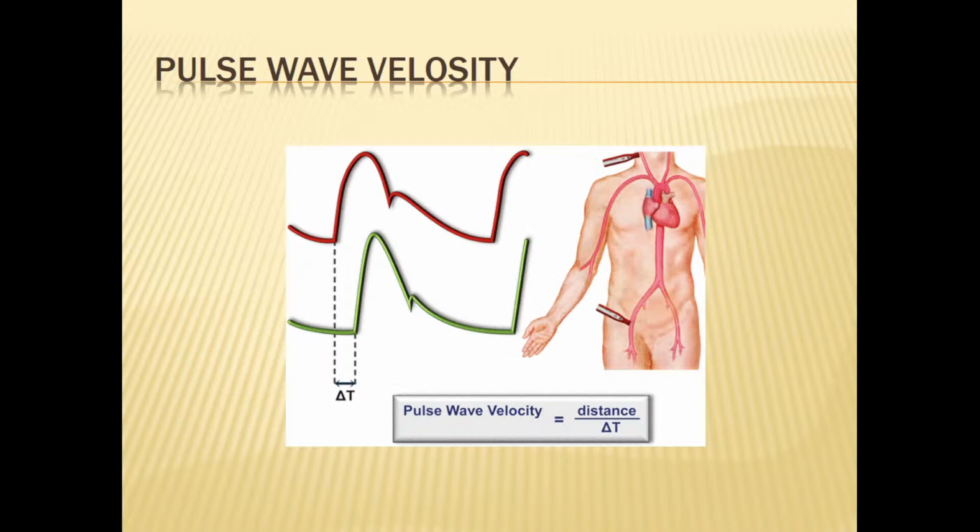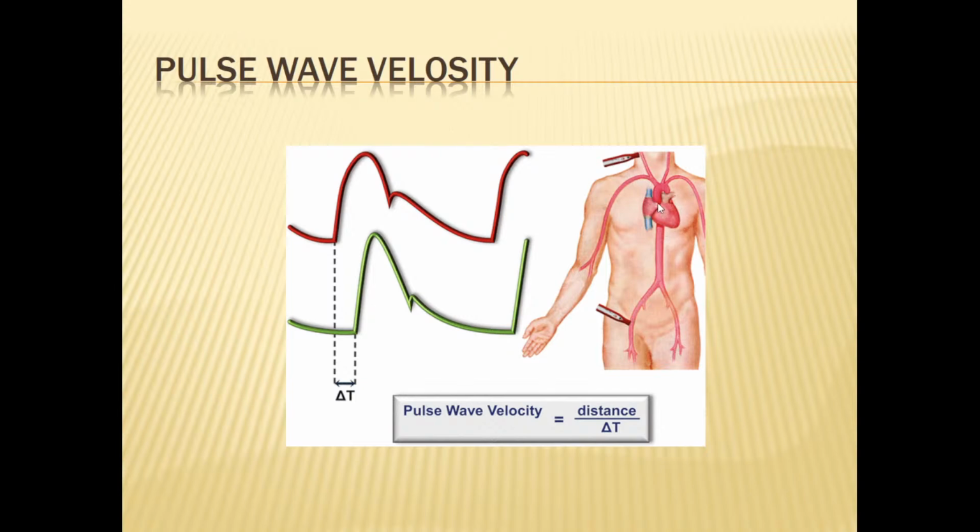How to do it? We have to detect the pulse wave on the neck, on the carotid artery, and the pulse wave on the femoral artery, with the help of a device with a special sensor.